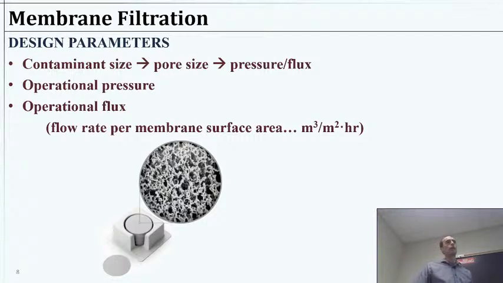So if we need a high flux, that might mean we need a lot of surface area. Certain membranes, if they have a small pore size, you're not going to get a very high flux through them. So there's a few things. It's not just the pressure, but there's also a production rate across the membrane.